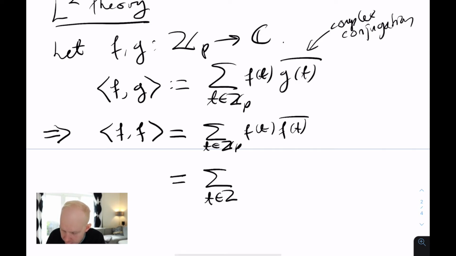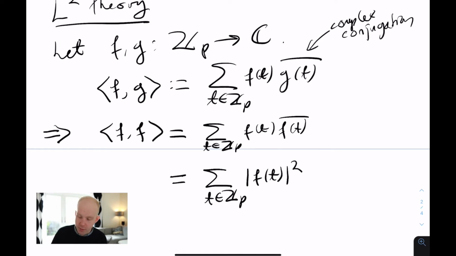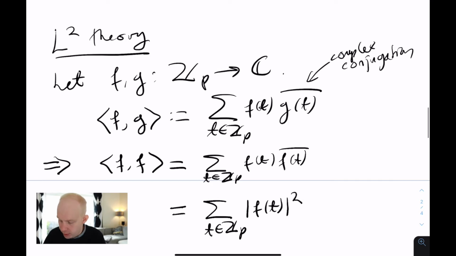So basically you obtain here the modulus, so |f(t)| squared. So that's the reason why we want to define this. So this is the inner product of two functions.